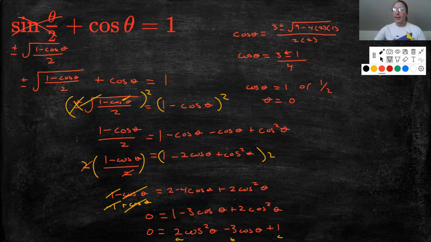And then if cosine theta is equal to 1 half, then we have 60 degrees, or we have 300 degrees. And then this is all going to be, of course, plus 360k. In radians, 0, or pi over 3, or 5 pi over 3.